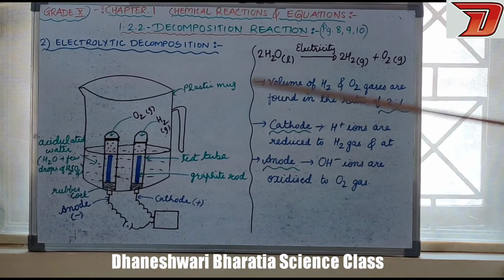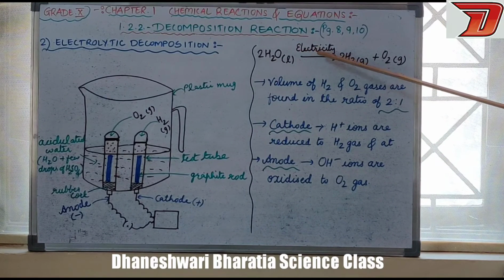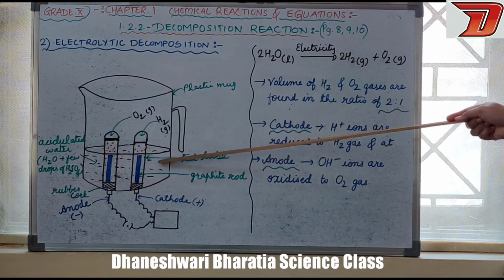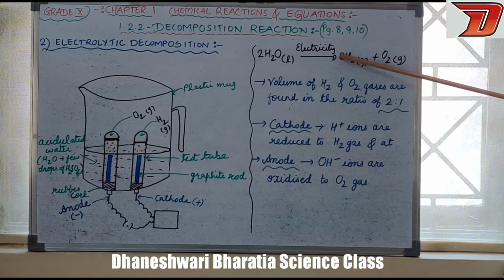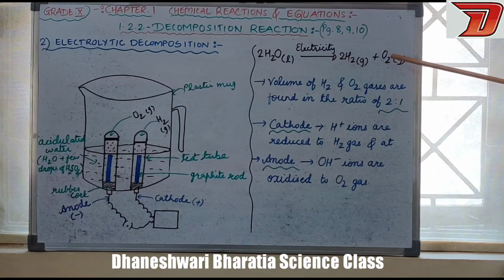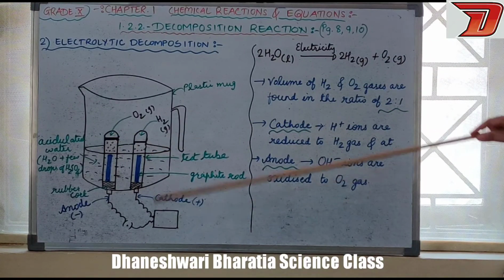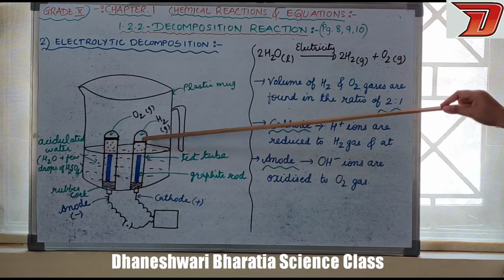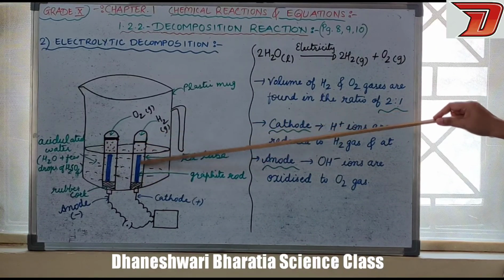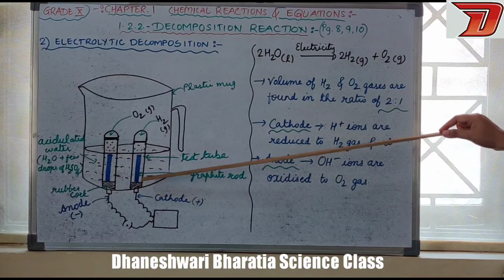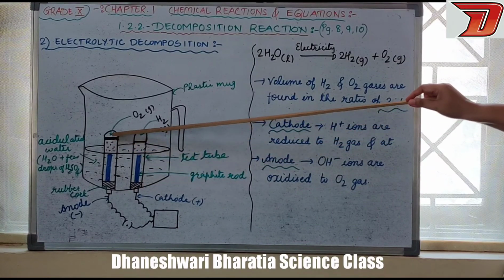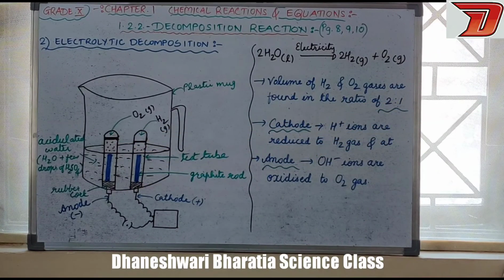So when we supply the electric current into this acidulated water, hydrogen and oxygen gas will be released, or I can say they will be collected in these test tubes, right? The more quantity of gas will be that of hydrogen and it will be collected on the cathode. Understood? And here you can see the quantity of oxygen is less, which is collected on the anode.